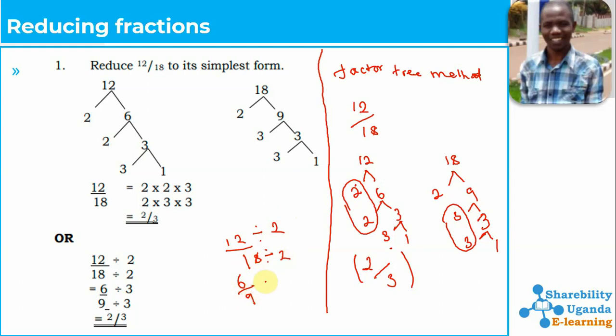Now we look out for another factor which can divide our 6 and 9, which is a 3. So when you divide all of them by 3, we shall be able to get 2 out of 3. All these methods can be applied to derive us to the correct answer.